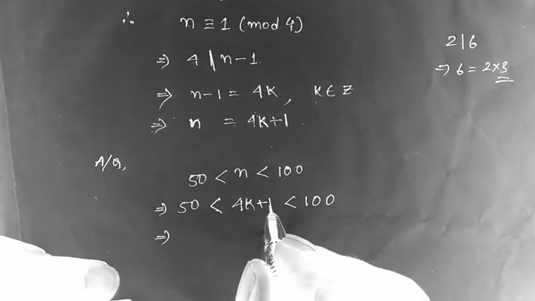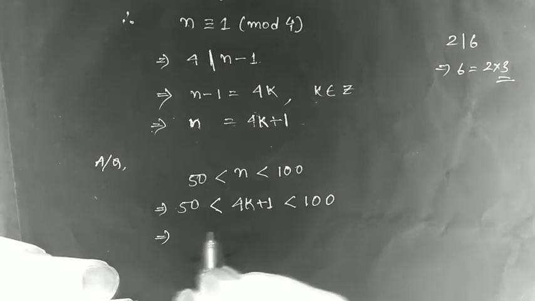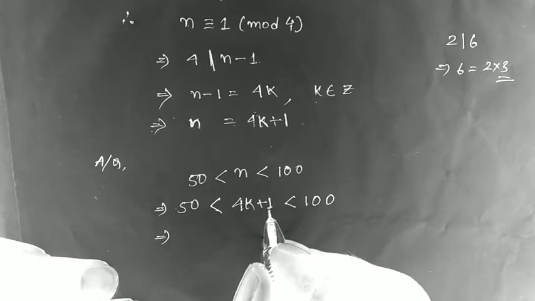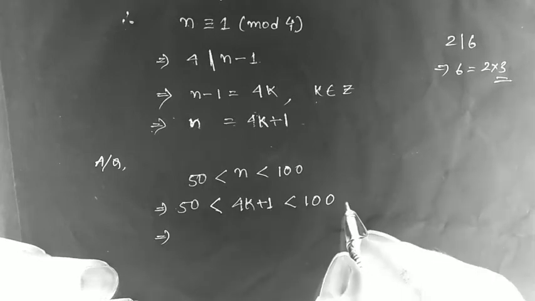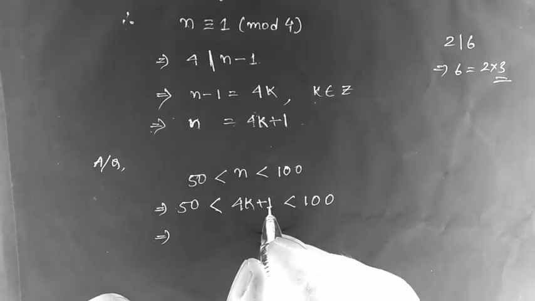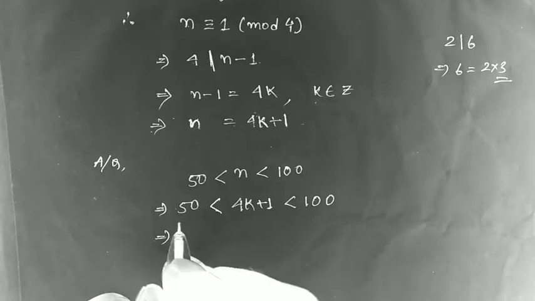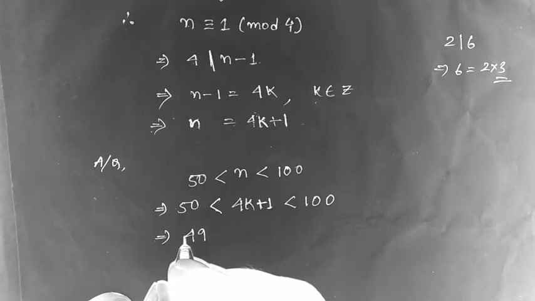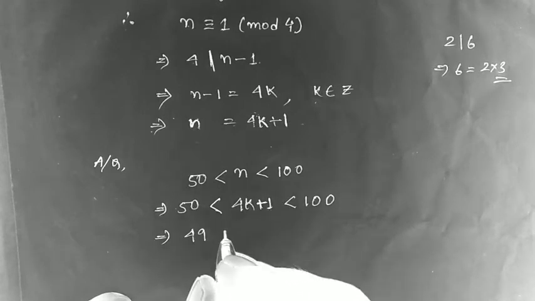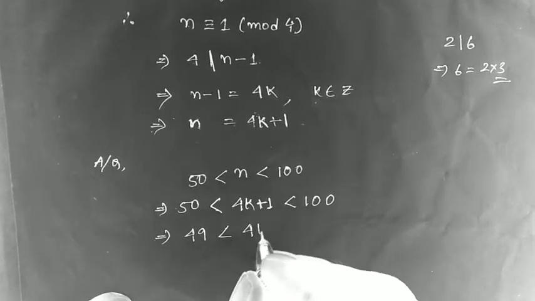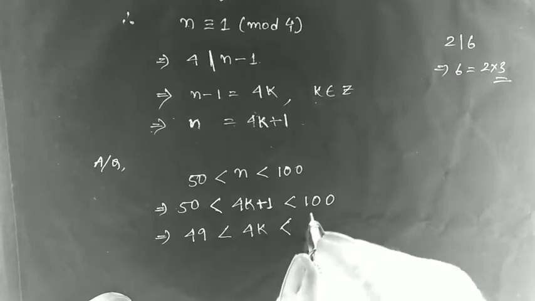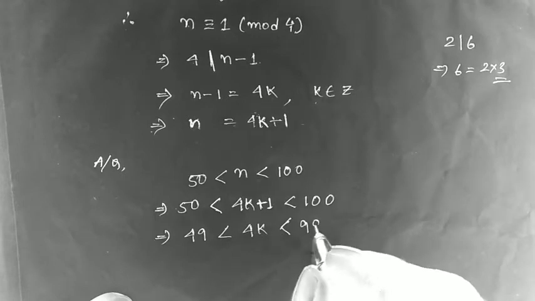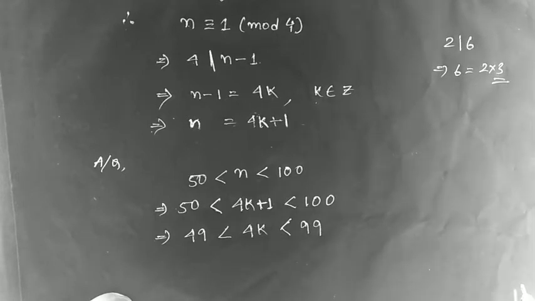So to cancel this 1, we subtract 1 from every side. 50 minus 1 is 49, here we have 4k, and 100 minus 1 is 99.